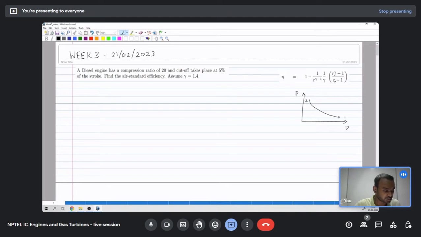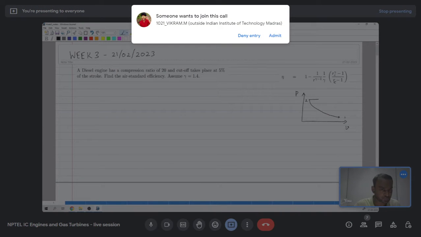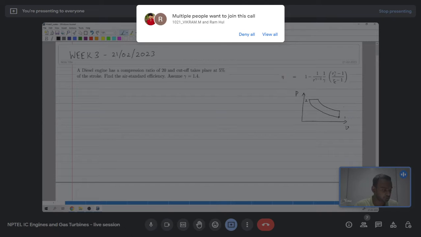Now there will be constant pressure combustion, so that means it will be represented as a horizontal line in this PV plot, and then it will undergo an expansion which is isentropic and adiabatic, and then there will be a constant volume heat rejection.